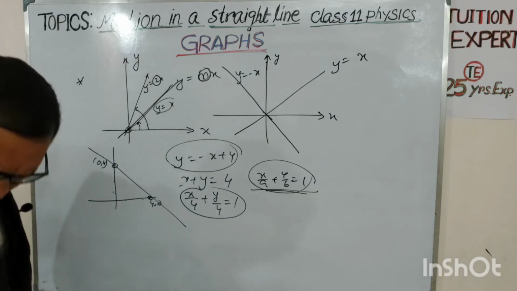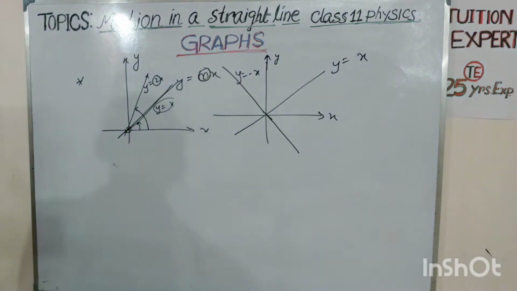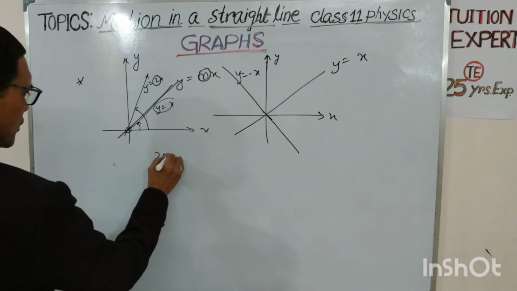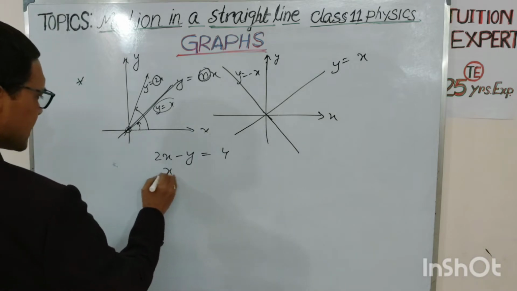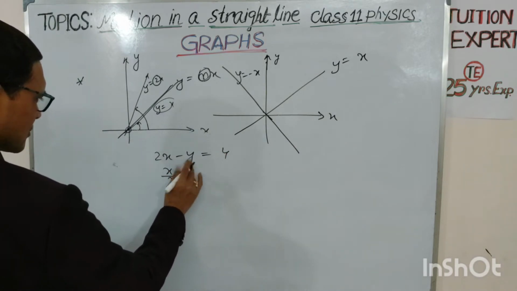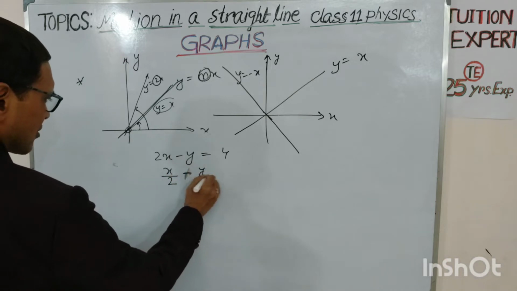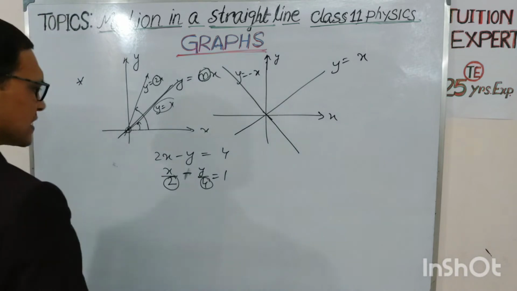Okay, suppose you have to draw 2x minus y equal to 4. So how will we draw it? Here the x-intercept is 2 and the y-intercept is minus 4.